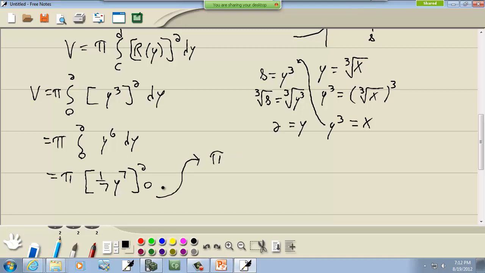Now putting 0 in doesn't do anything, so I don't need to worry about that. We'll just plug the 2 in. So I got 1/7 times 2 to the 7th. 2, 4, 8, 16, 32, 64, 128 over 7. So 128 pi over 7.